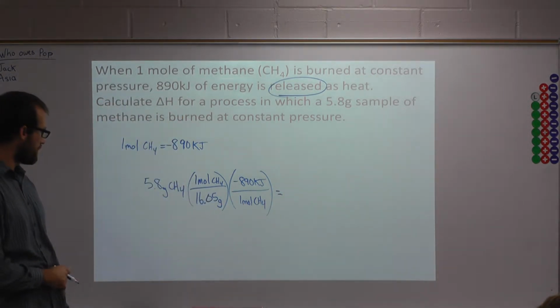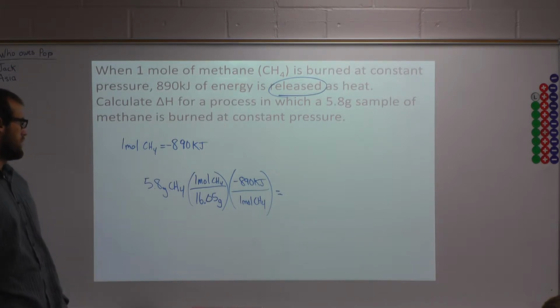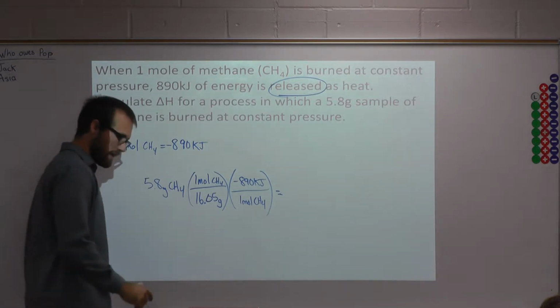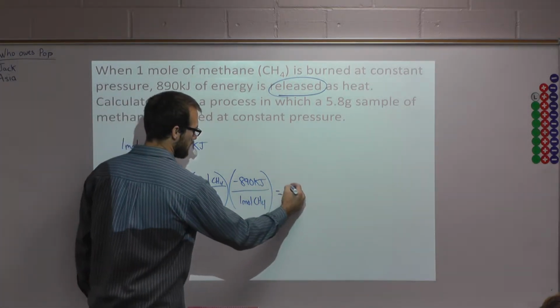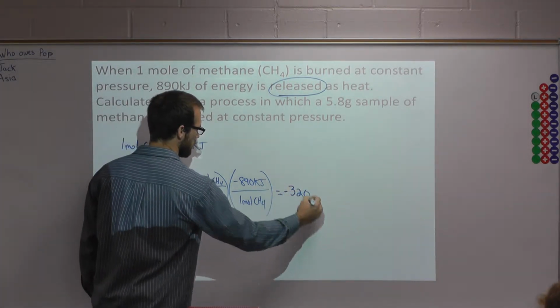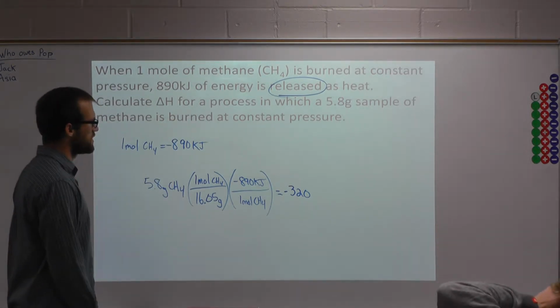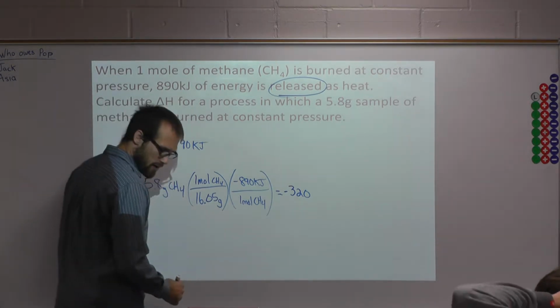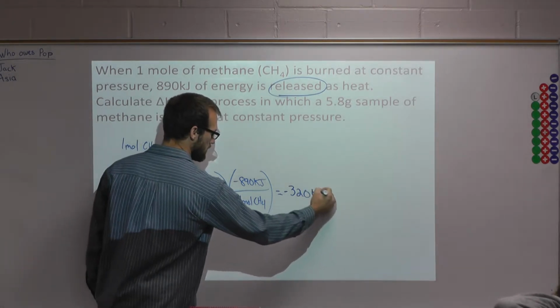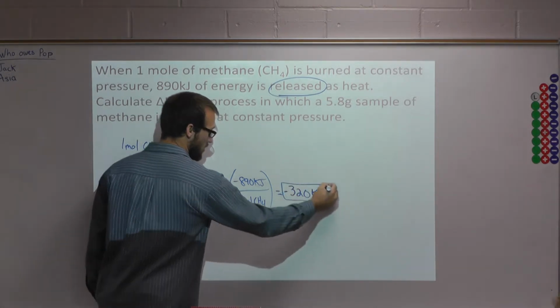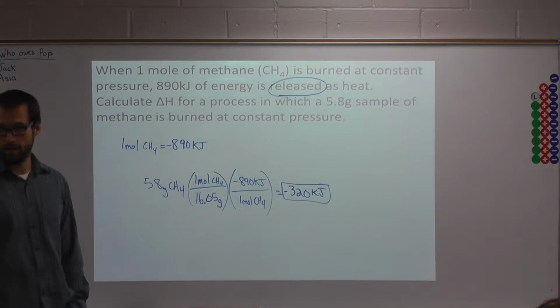Looking at the mass ratio, it'd say about a third of that, so what, 300 about? 320? For sig figs, 2 sig figs, is that right? And then kilojoules. Okay, these problems aren't overly difficult, are they?